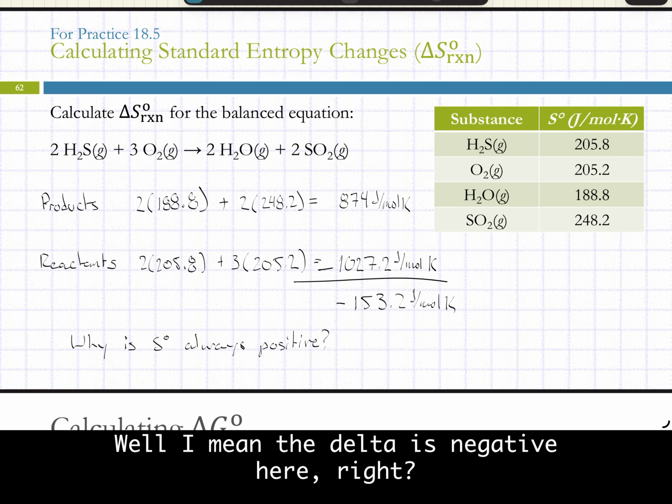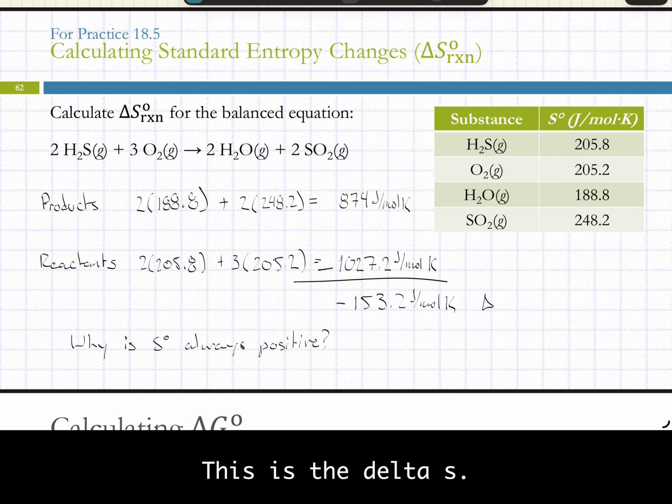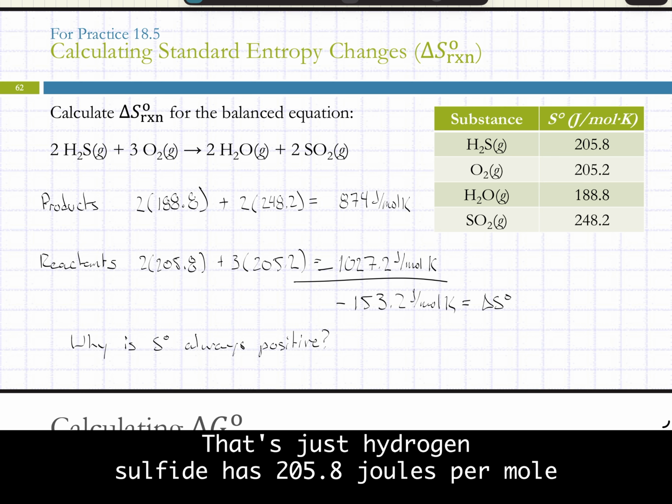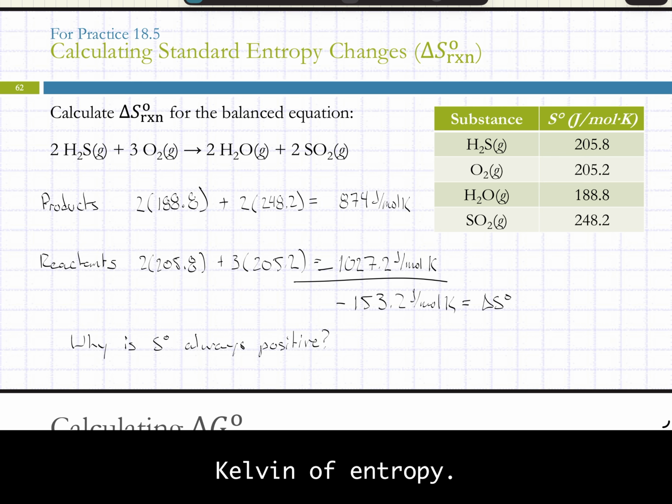Well, I mean, the delta is negative here, right? This is the delta S. But this is not a change maybe in the standard sense, right? That's just hydrogen sulfide has 205.8 joules per mole Kelvin of entropy. Molecules are always moving.